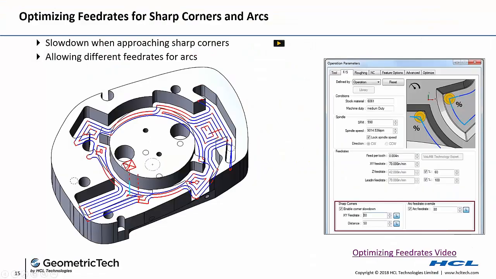So a nice new enhancement, handling arcs much better now, and also sharp corners much better than previously, and it gives the programmer more control over the exact toolpath and feeds and speeds for sharp corners and arcs.